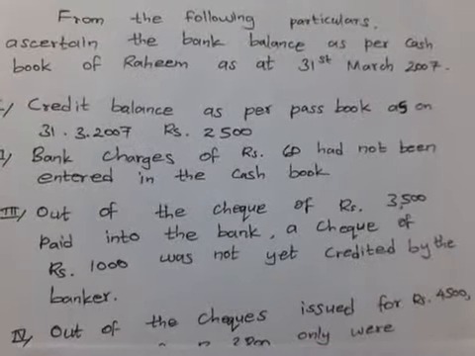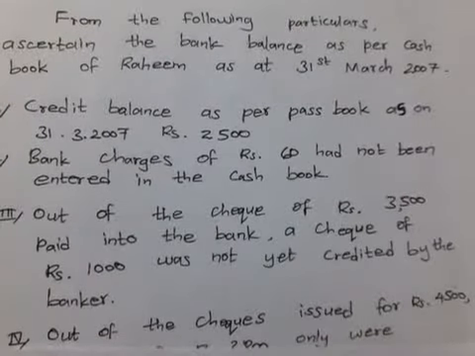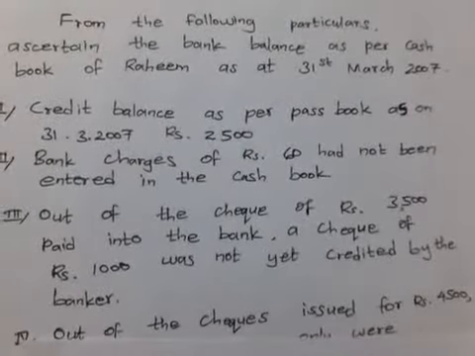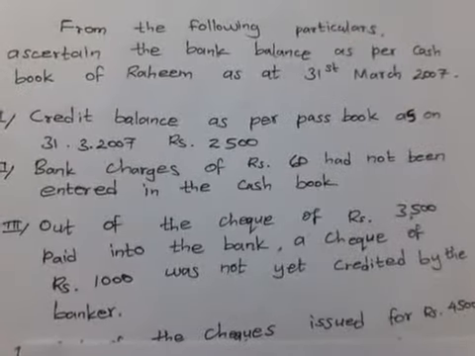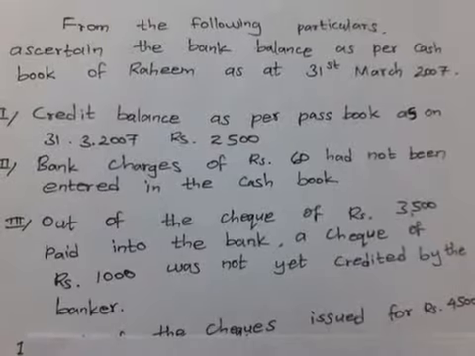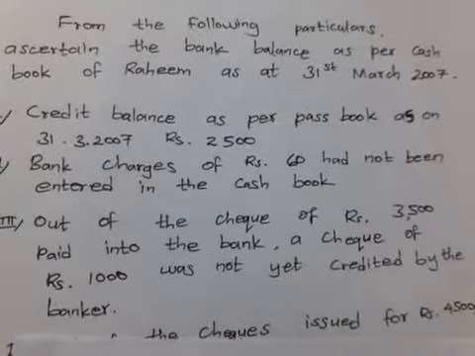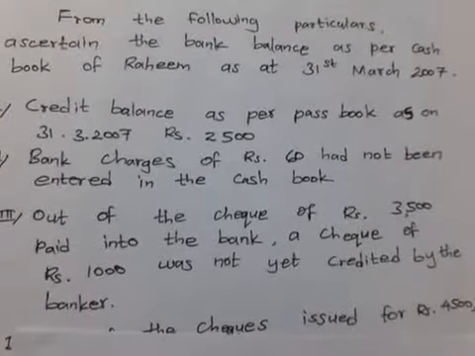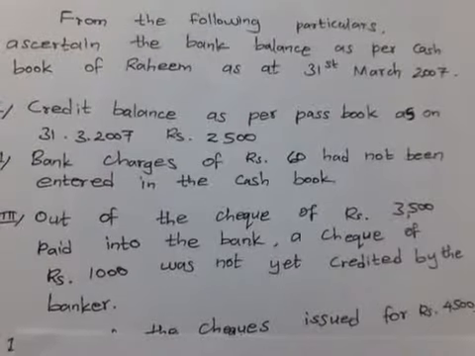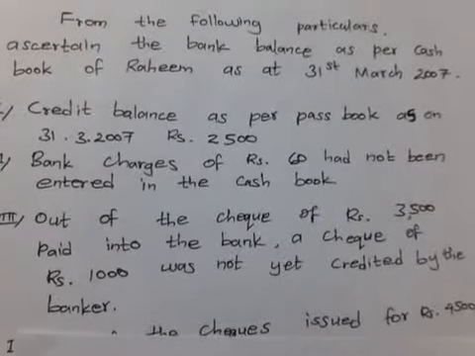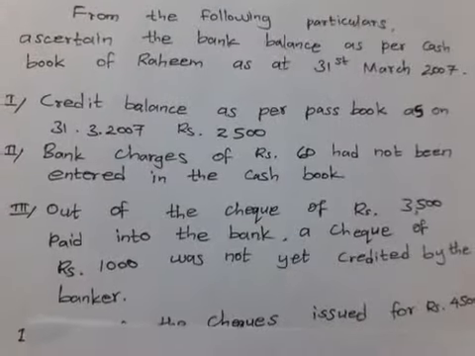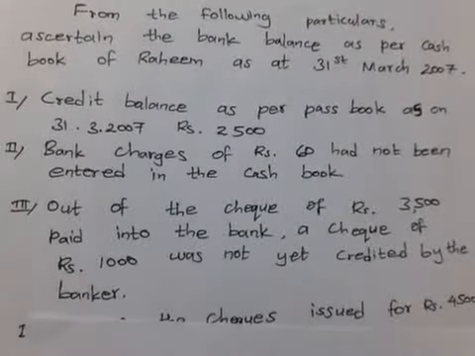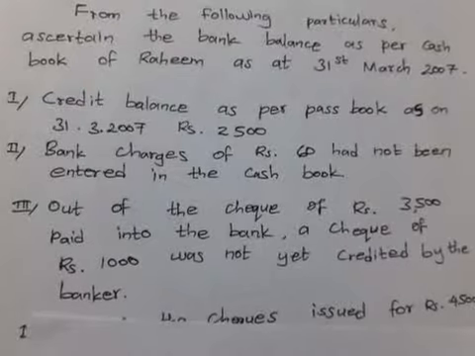So at the time when we deposit the check to the bank, we add that amount in the cashbook balance. So we have added 3500 in cashbook balance. But it's not added 1000 rupees in passbook because the 1000 is not yet collected by the bank.